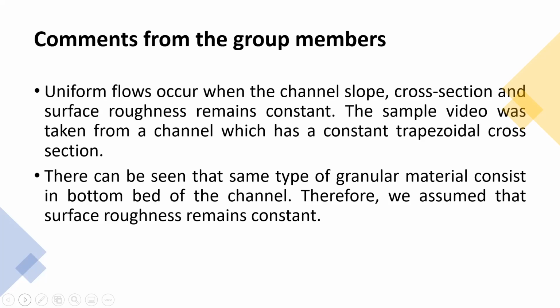So we can say that uniform flow occurs, and also the same type of granular material can be seen making up the bottom bed of the canal. So we can assume that the surface roughness is also constant.